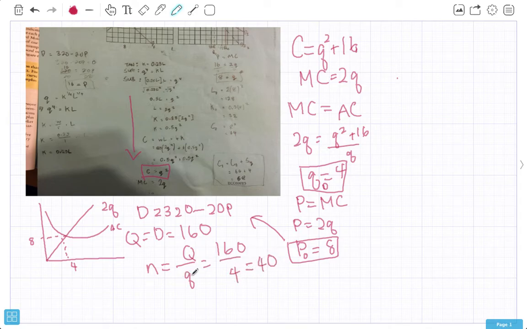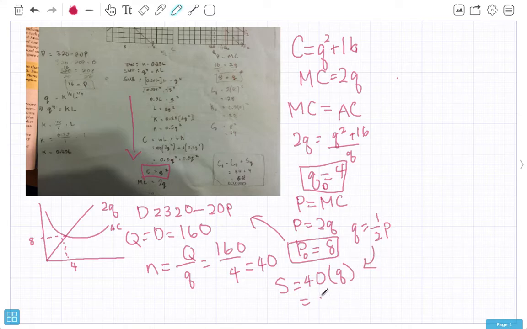The reason why we do this is to find the industry supply curve. We just have to multiply the number of firms by each firm's supply curve. So it's just a horizontal sum. So this is 40q, but then this q, because P equals MC, you can solve like that and then substitute here.